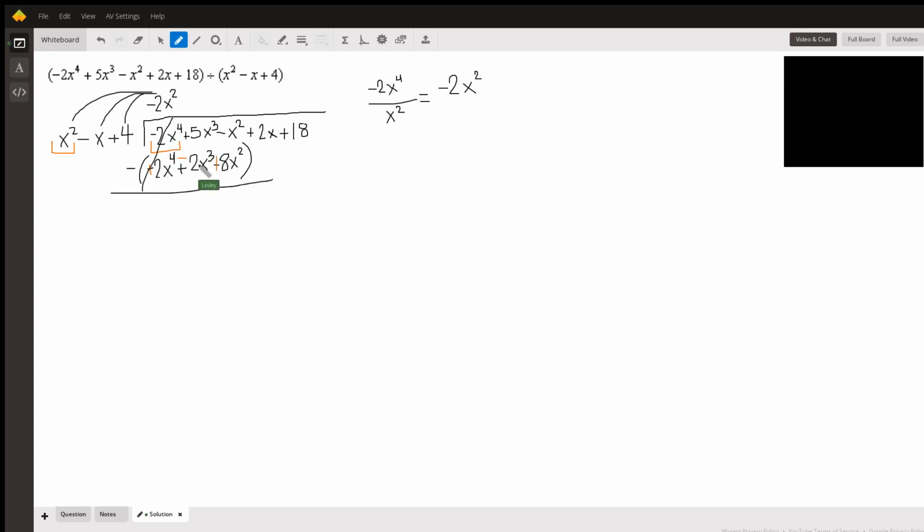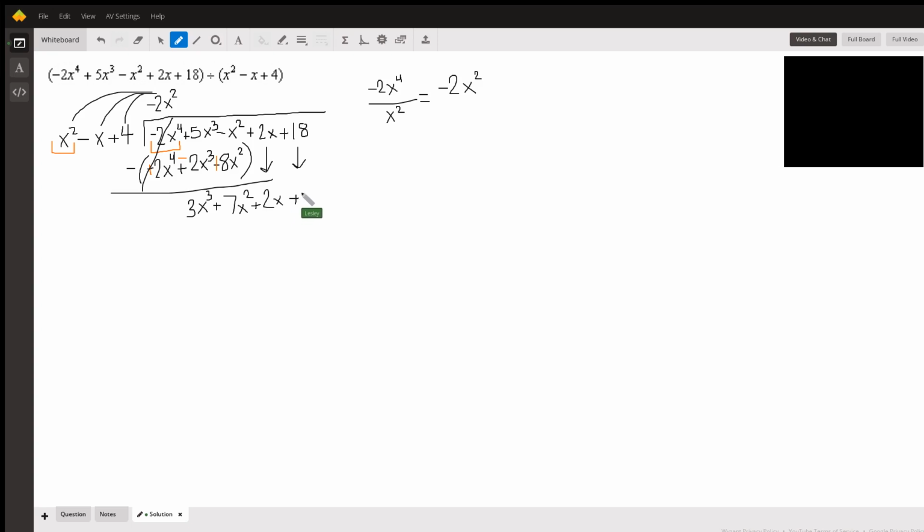It's going to be 5 minus 2, which is 3x cubed. So the 8 minus 1 is plus 7x squared. Then I'm going to carry down these guys, so plus 2x plus 18.